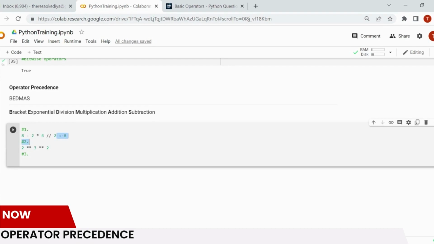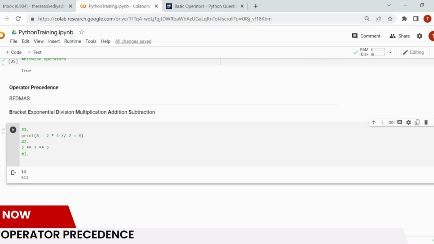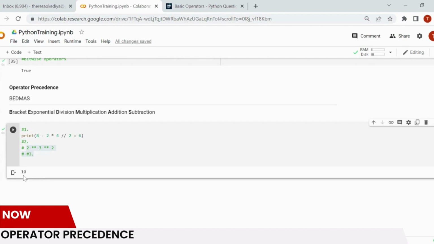So you try to calculate that by hand and tell me the result, and then let's print what the result is going to be from here. I'm going to print this and show you how to manipulate this to get different results. Let me run this again. So this is giving me 10.